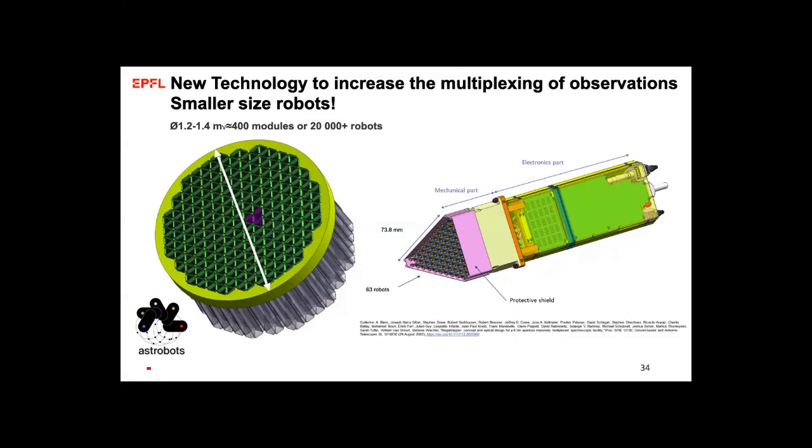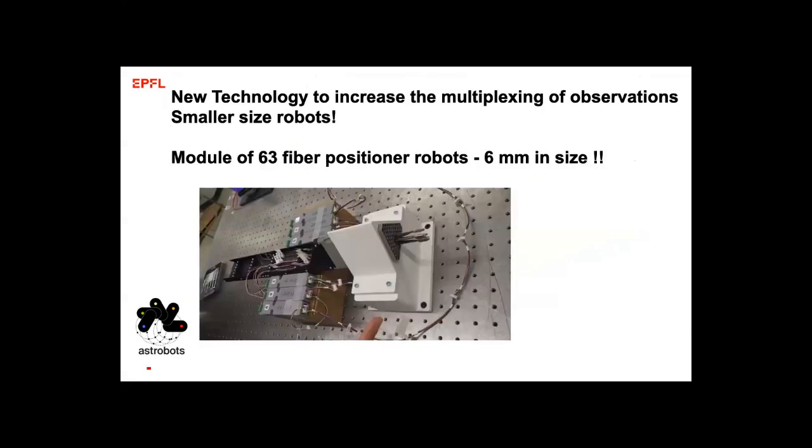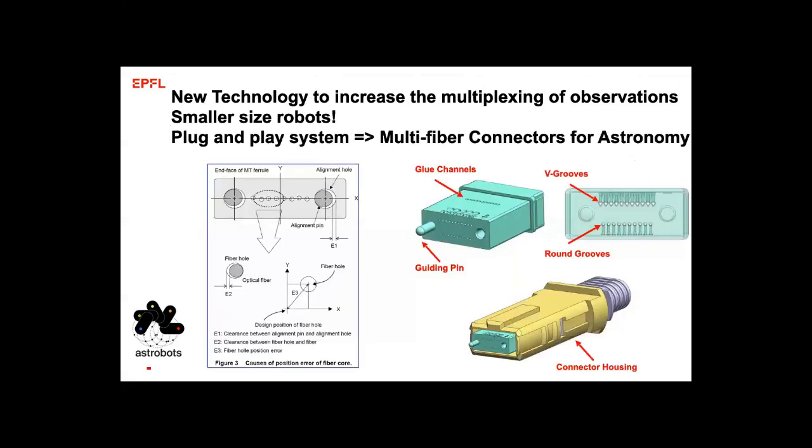But fiber connectors on the market are designed for telecom, and they don't care if they lose 5% of the light, but astrophysicists don't want to lose more than 1% of the light. So we are going to work on this fiber connector system. That's the preliminary concept we are trying to use.